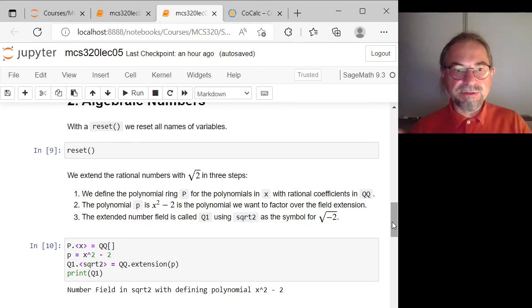At first this is confusing, but if you follow these three steps, you have two coefficient fields, the original coefficients and the extension. You have two symbols, the polynomials with the original coefficients, and then you have the symbol that you use to denote the root of the irreducible polynomial.